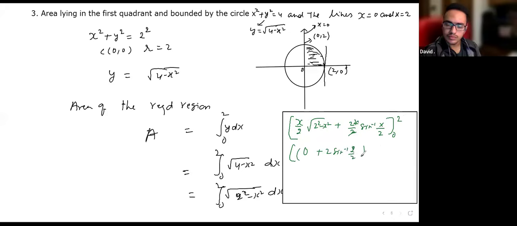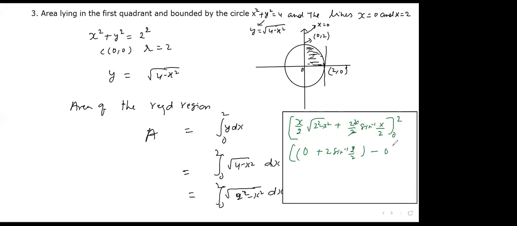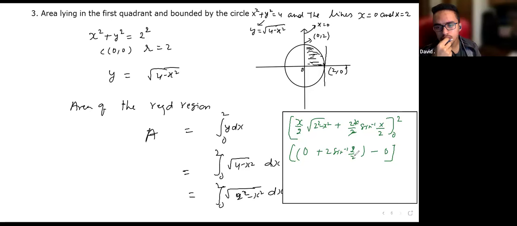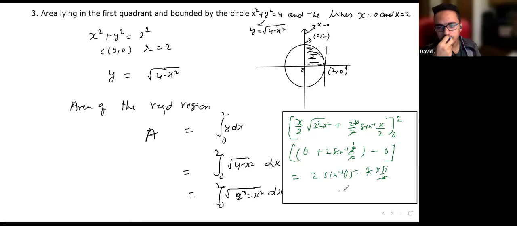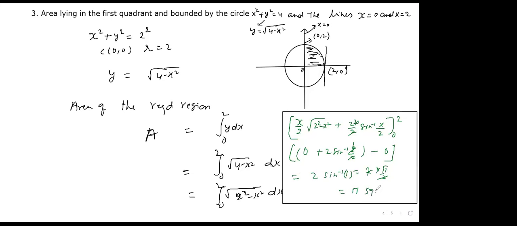And minus, if we put 0, all the values are 0, since sine inverse 0 is 0. So we have 2 sine inverse 1, and sine inverse 1 is pi over 2. So the answer will be pi square units.